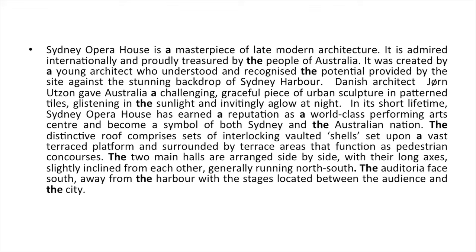The distinctive roof comprises sets of interlocking vaulted shells set upon a vast terrace platform and surrounded by terrace areas that function as pedestrian concourses. The two main halls are arranged side by side with their long axes slightly inclined from each other, generally running north to south. The auditoria face south away from the harbour with the stages located between the audience and the city.